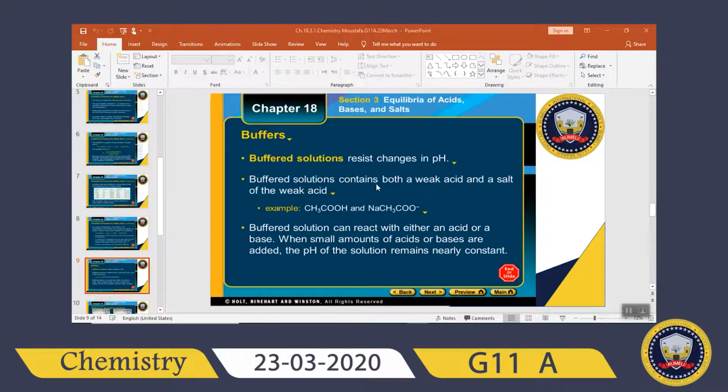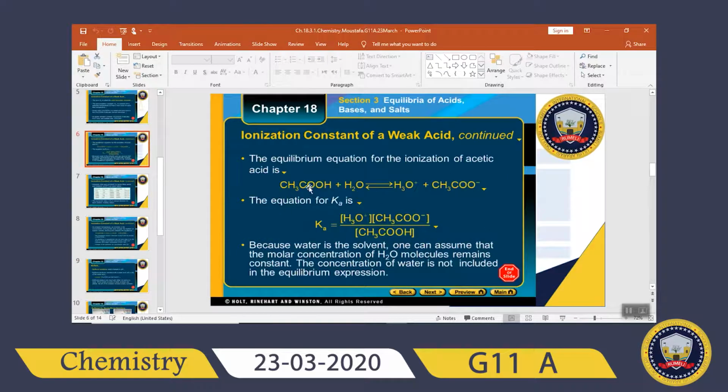A buffered solution contains both a weak acid and a salt of this weak acid. So if we have a reaction like this: CH3COOH plus H2O produces H3O+ plus CH3COO-.